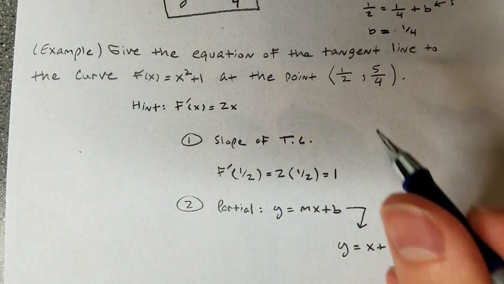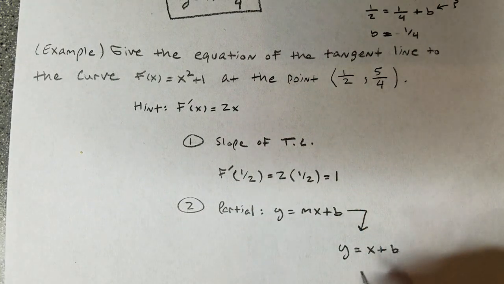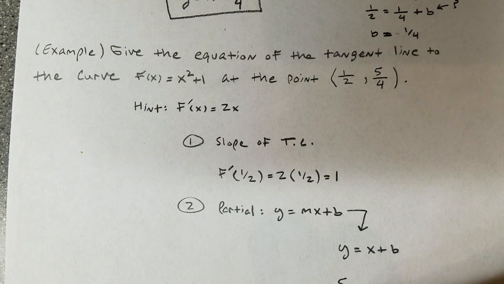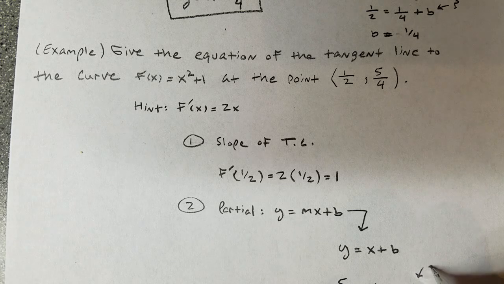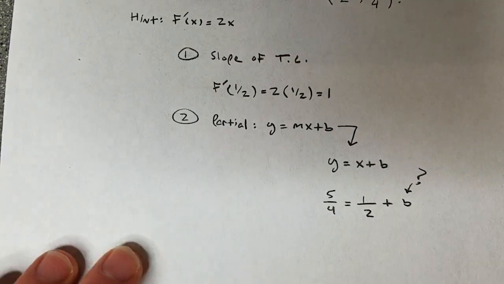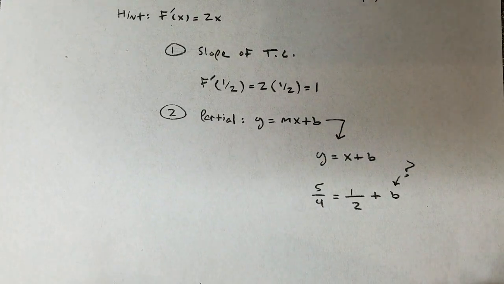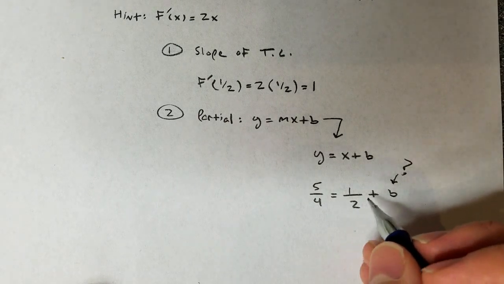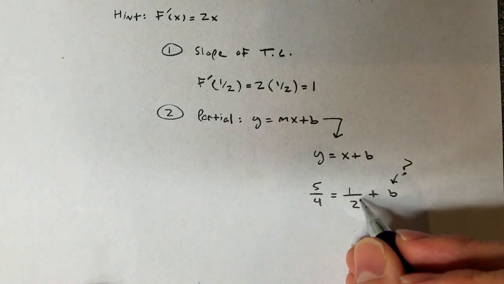So it says for that point, y is 5 over 4. And then x is a half. And then as soon as I put that in, then b's the only thing left. And so I can find that. All right. So I'll do a little math here. We'll have to subtract the 1/2.